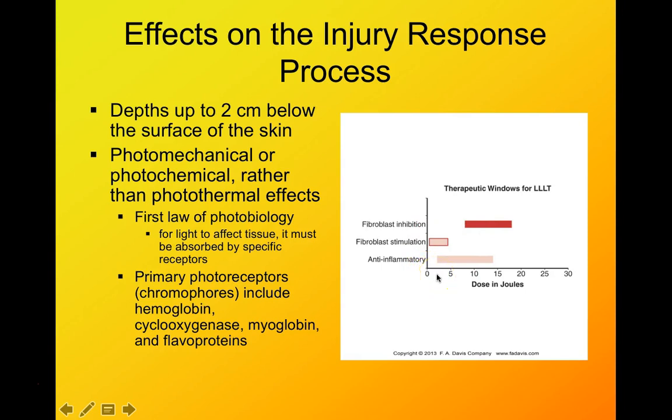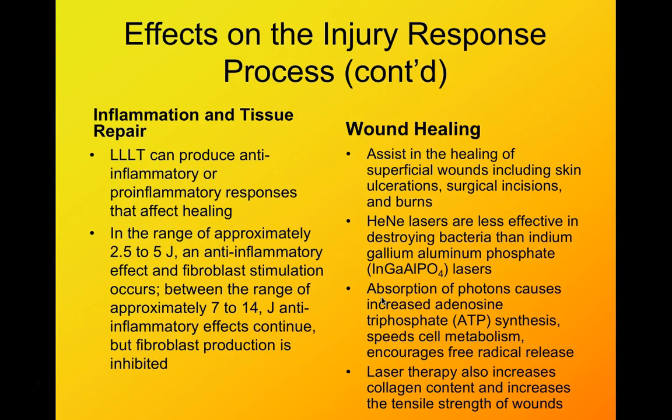So current evidence kind of suggests that we will get biophysical benefits related to the absorption of these photomechanical and photochemical results. So looking specifically at tissue repair, the low-level light therapy, the LLT, can produce anti-inflammatory or pro-inflammatory responses. So that's what that diagram showed us before.